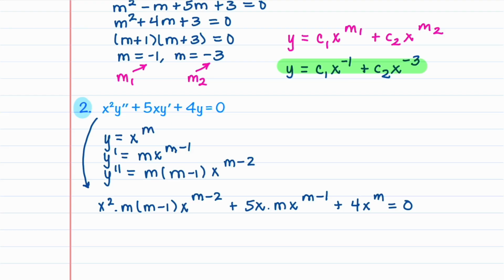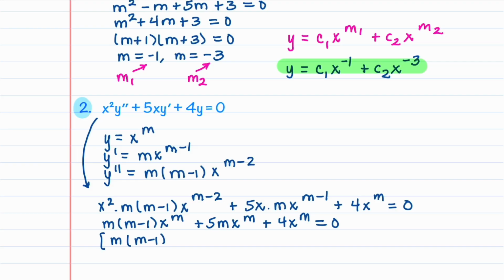Let's combine the x's, and we get m times m minus 1, x to the m, plus 5 times m, x to the m, plus 4x to the m is equal to 0. We'll factor out an x to the m, and we get that.